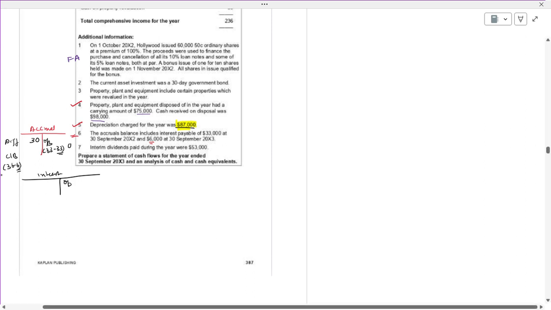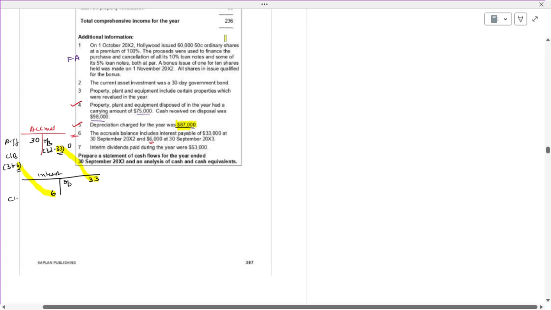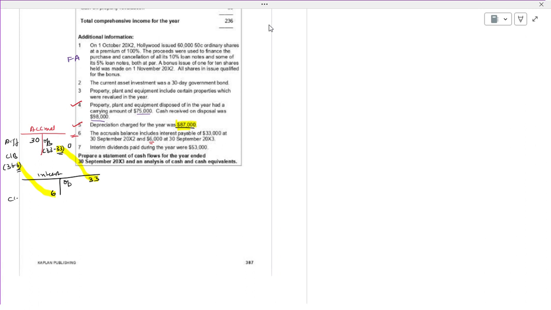Interest opening balance will be how much? 33. Closing balance will be how much? 6. This 33 we are taking here, this 6 we are taking here. We are separating two things, accruals and interest.